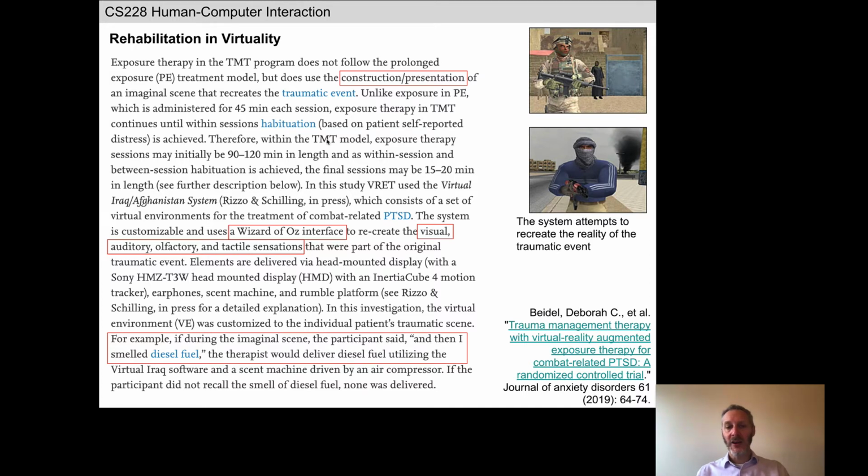Therefore, within the VR system, exposure therapy sessions may be very long to begin with. The initial sessions of any exposure therapy, as you can probably imagine, are particularly difficult for the patient or the subject. They might last for a very long time because we supply in VR a very small bit of the upsetting stimuli.